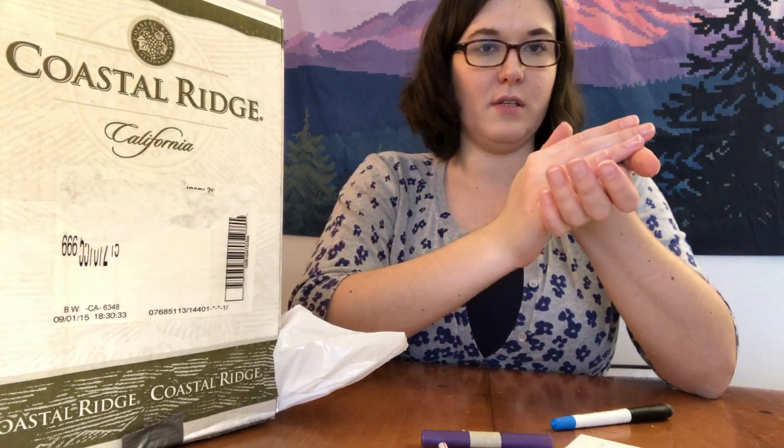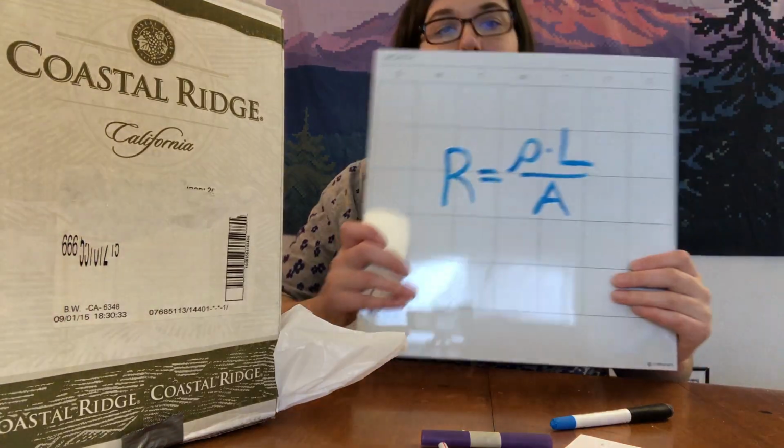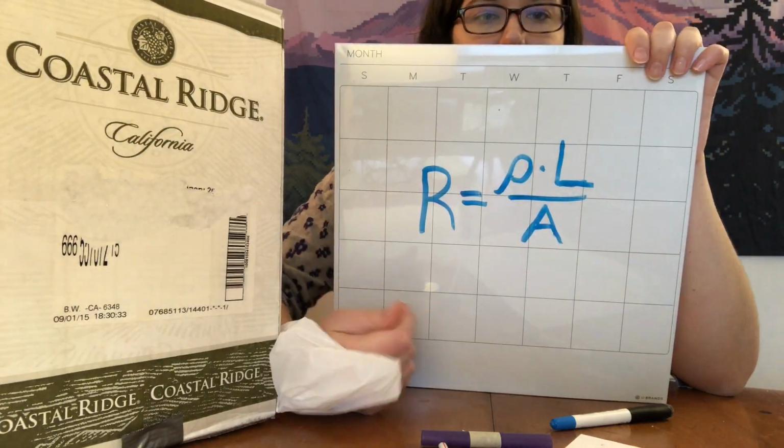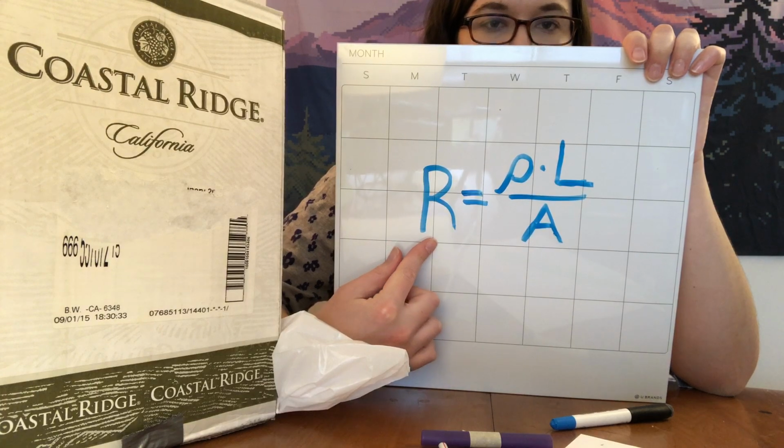So again, we have a direct relationship. Increasing resistivity increases resistance. Increasing length increased resistance. And then the area was an inverse relationship. Increasing the area decreased the resistance. So in the formula for resistance, here's the resistance.